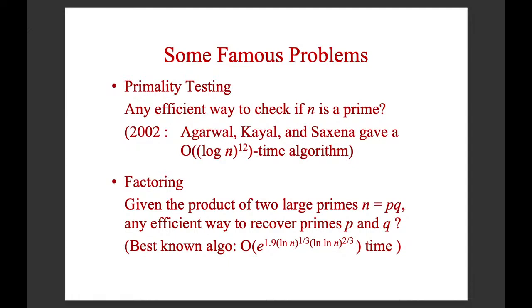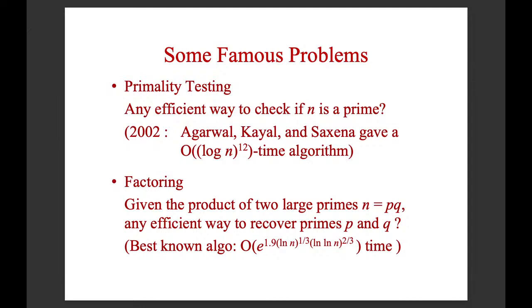Although the given number is n, and we take order n operations, to describe this problem we don't need order n bits. We need log n bits. Because to describe the problem, any efficient way to check if n is a prime, all these are constant. They do not depend on the size of the input.